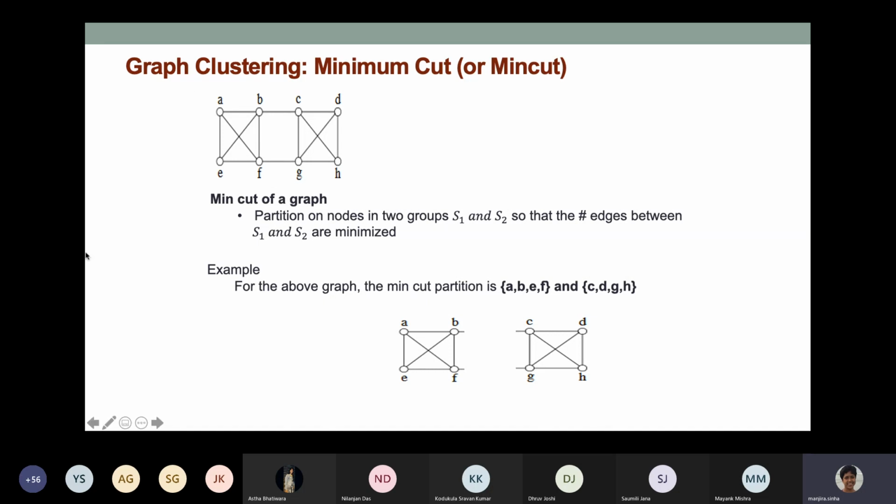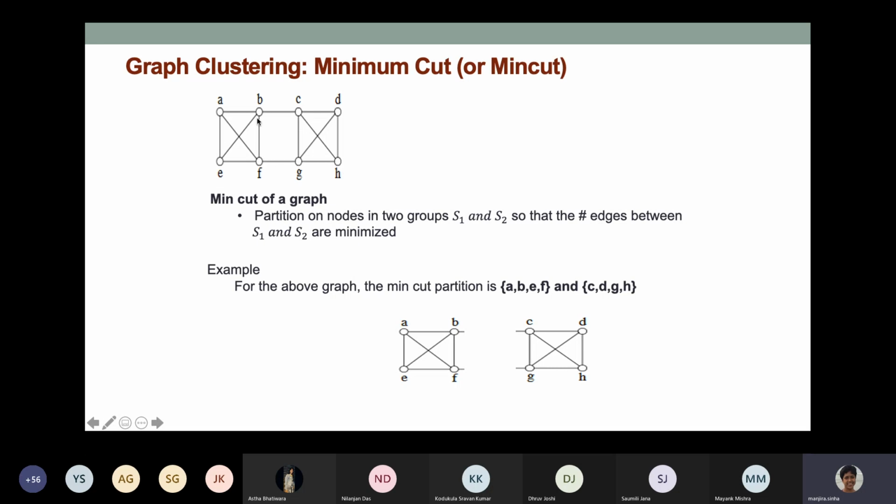One vertex is connected to all the other three vertices. The same thing is happening in the subgraph C, D, G, H. This part is also a fully connected subgraph. By fully connected, I mean one vertex is connected to all other vertices, so there is a direct, one-distance connection from one vertex to another.